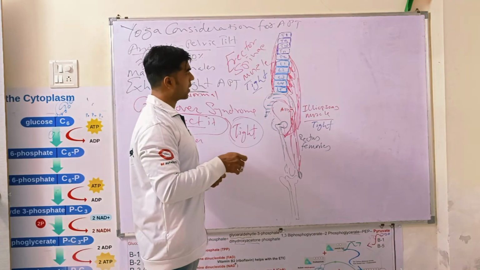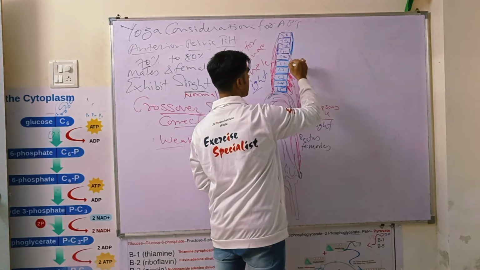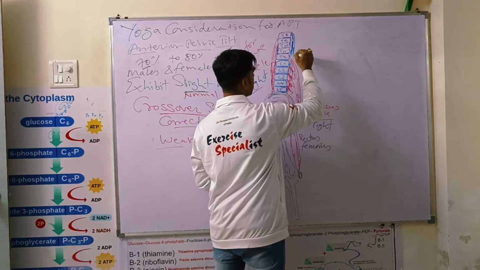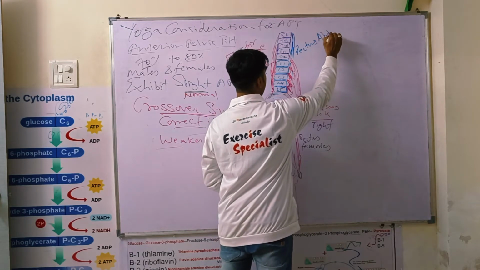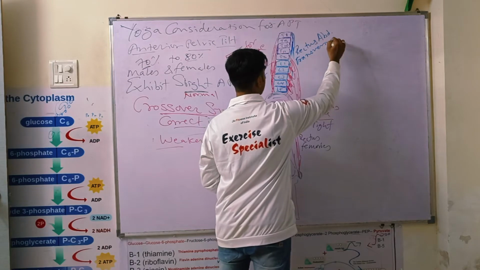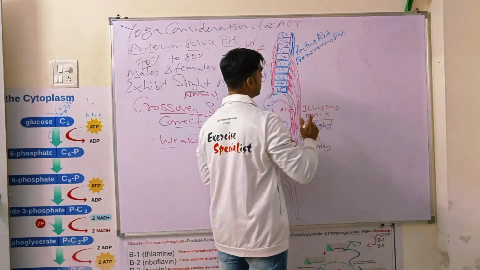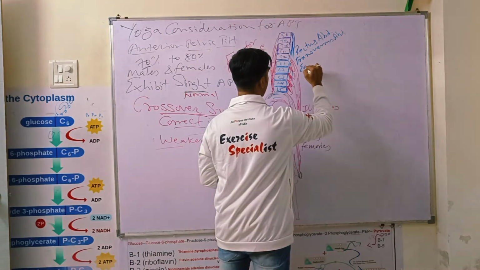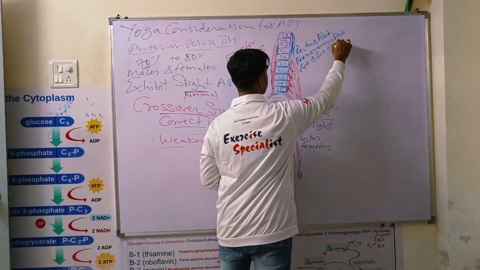So which are the weaker muscles? We have abdominal muscles: rectus abdominis, transversus abdominis, which is your natural weightlifting belt, and then external and internal obliques.